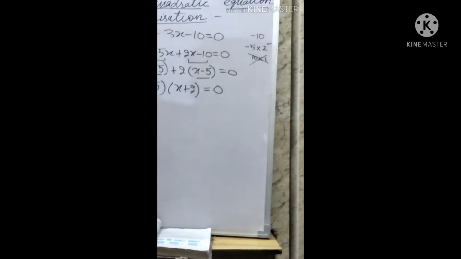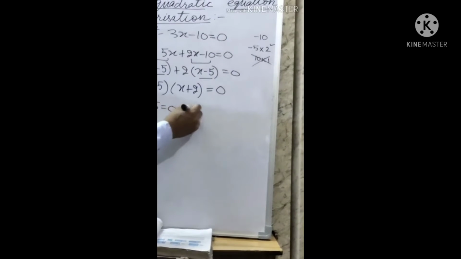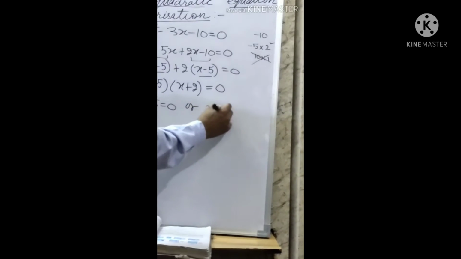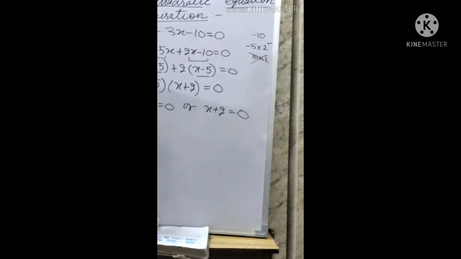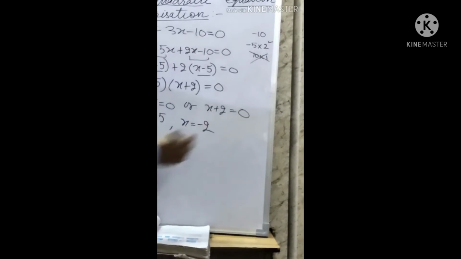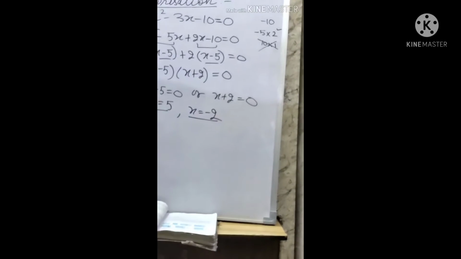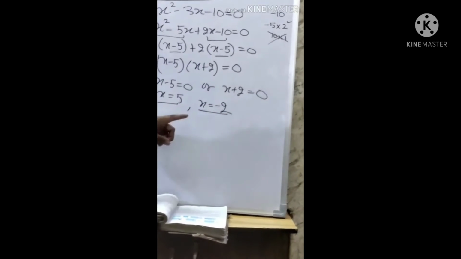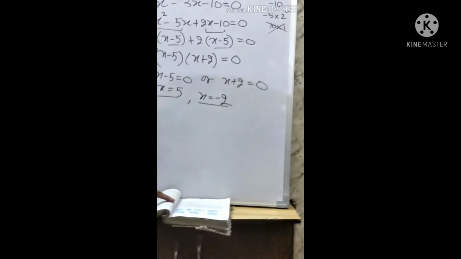So either x minus 5 equal to 0 or x plus 2 equal to 0. So x equal to 5 or x equal to minus 2. These are the solutions of the given equation.